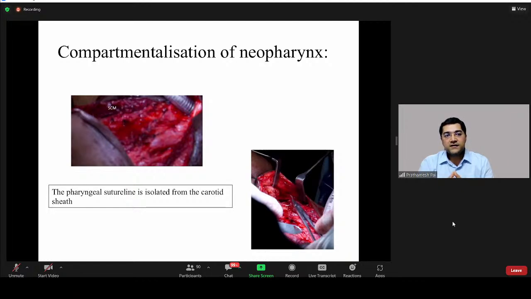Going by literature, in the primary patients whom we have operated, the leak rates are between 8 to 17%, and in the ones that are salvaged following radiation and concurrent chemoradiation, it's upwards of 30 to 40%. So in a primary patient, you will compartmentalize only if you have a large pharyngeal tumor.